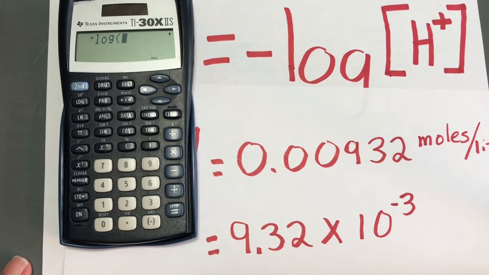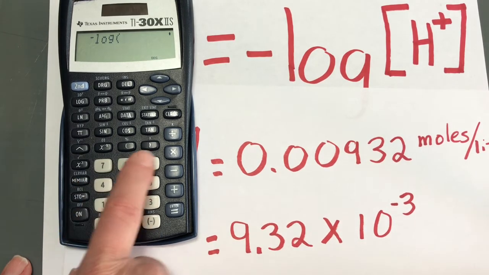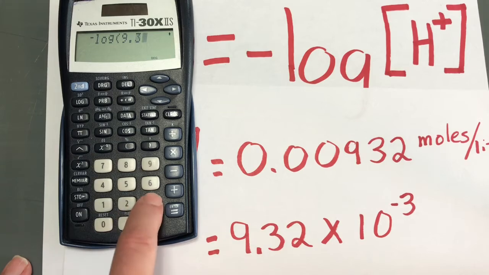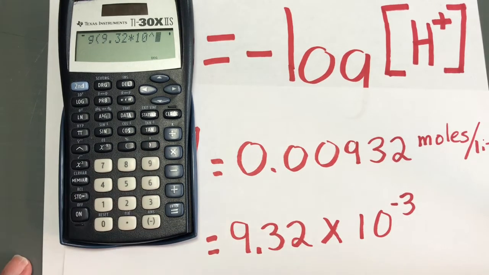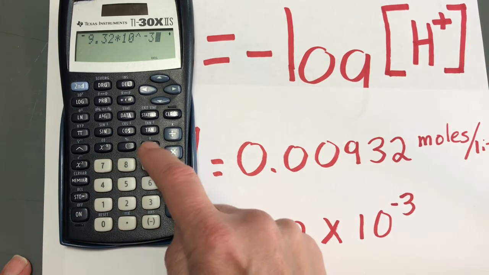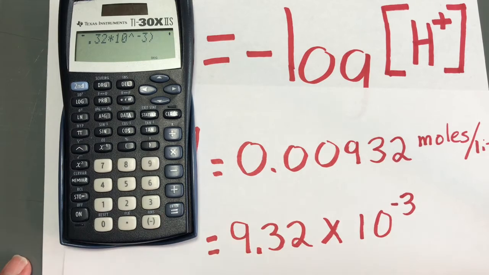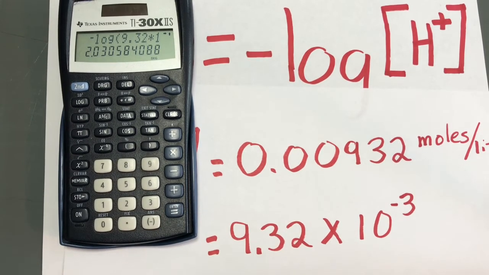And then I put in the concentration of hydrogen ions that I have written right here. So that is 9.32 times 10 raised to the -3. Close that off, and my answer is 2.03.